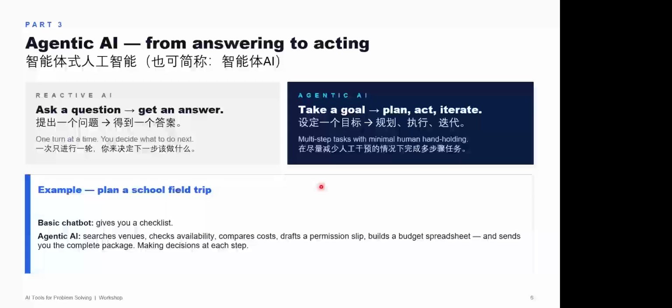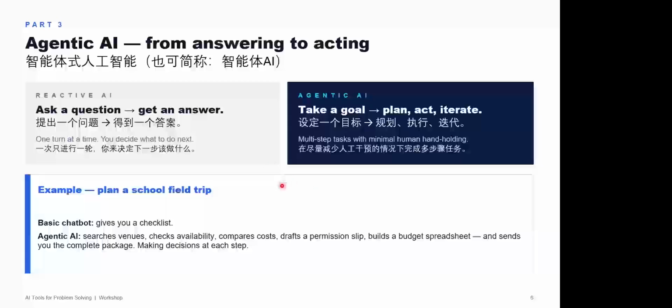Let's say, for example, that you plan a school field trip or any trip. A basic chatbot just generates a checklist and gives it to you, so you need to go and take actions based on the checklist.